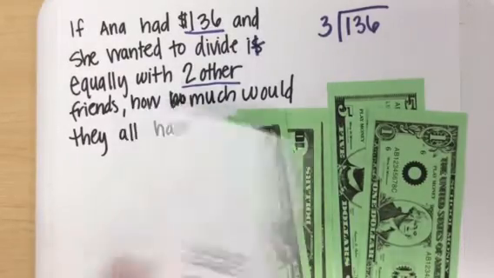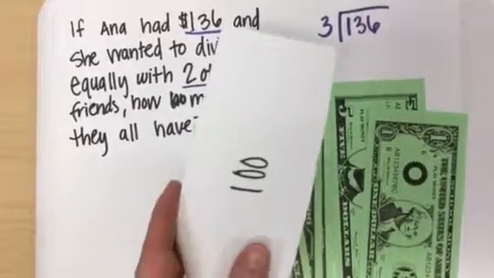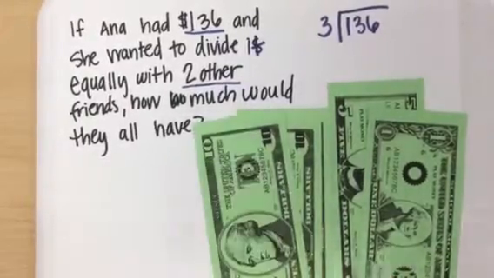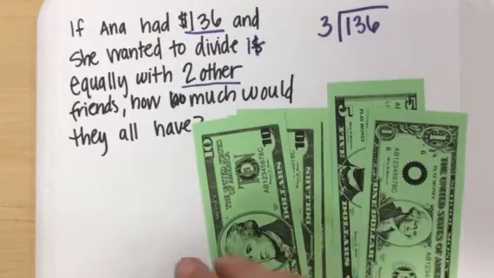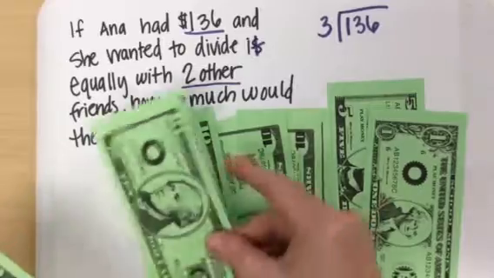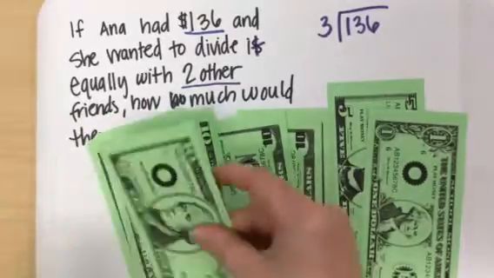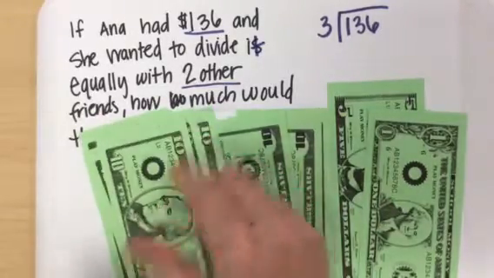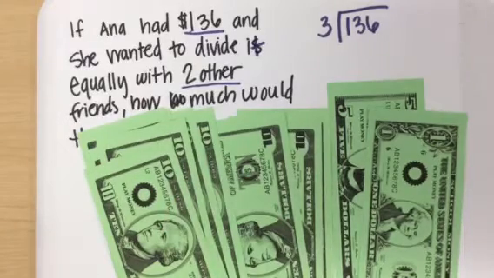We can't divide that 3 different ways, so we've got to trade this for 10 tens. So I'm going to do 1, 2, 3, 4, 5, 6, 7. I ran out. I'm going to make some here.